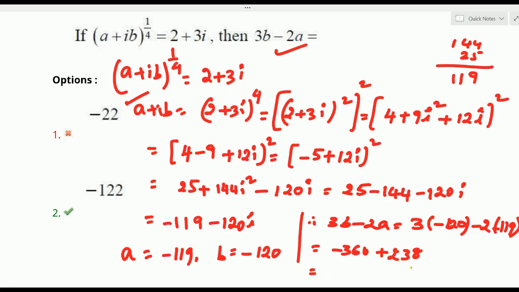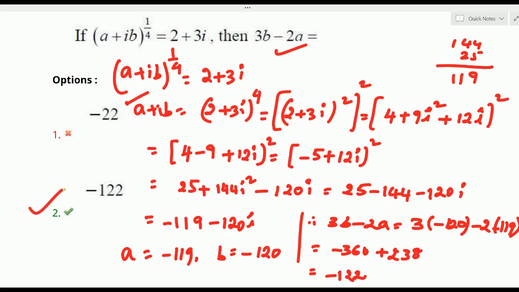Minus 360 plus 238 is minus 122. Yes, that is given clearly as the second option.